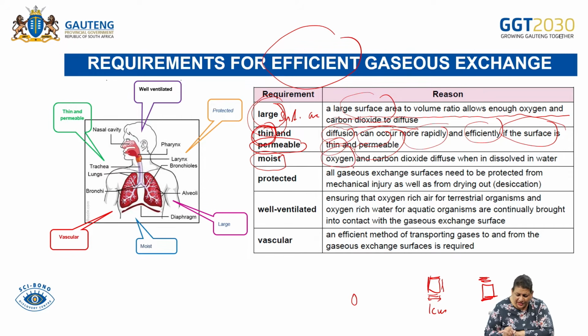Moist: oxygen and carbon dioxide diffuse when they are dissolved in water. We say that oxygen and carbon dioxide can only go through something if it's dissolved, in solution form. Then the oxygen can go through. So remember, in winter our lungs can get very dry, and that is also a reason why people cough a lot in winter.